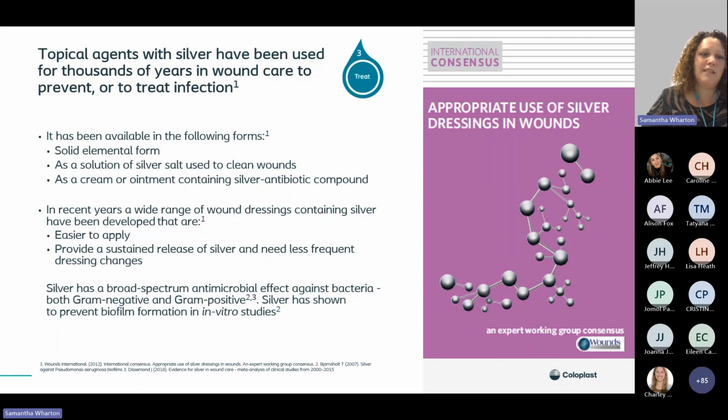So that means that it's easier to apply and it provides that sustained release of silver, therefore not needing as frequent dressing changes. Although if there's signs of infection, you may still want to be quite vigilant to make sure that the silver dressing is actually working and reducing those local signs of infection. So silver has a broad spectrum antimicrobial effect against bacteria, and it's effective against both gram-negative and gram-positive.